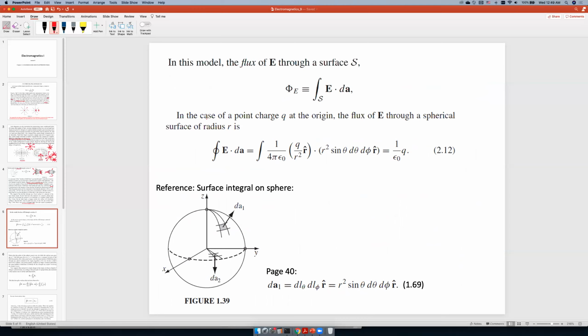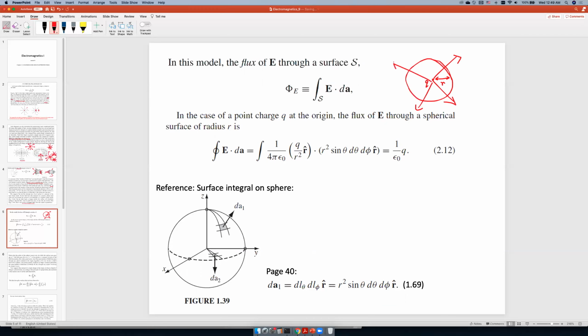And then if we consider a point charge Q at the origin, the flux of E through a sphere surface of radius R, now let's see a sphere surface with a radius of R. Then the field lines generated from the Q should be something like this, right?